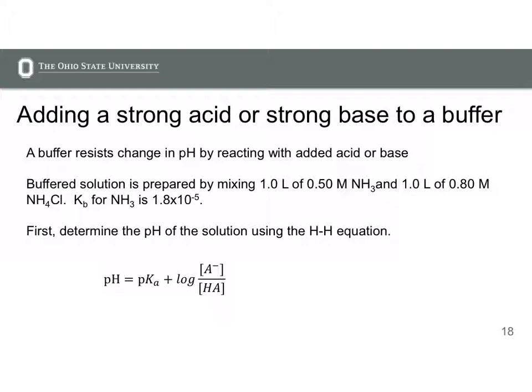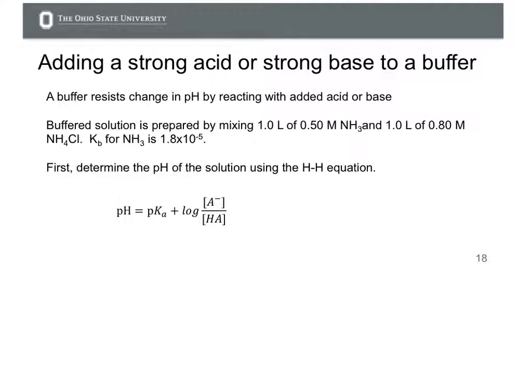Okay. I want to do a little bit here. So I want you to start thinking about these problems. This is going to be the hardest problem you're going to work on for the exam, okay? So I want you to start thinking about this. We know that a buffer resists change in pH by reacting with acid or base.